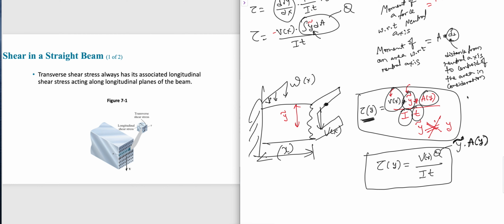This is y. So the area above y times the centroid to the neutral axis, that is y tilde, times V over the moment of inertia of the cross section times the thickness of that cross section. Hope you understood this concept. Watch the next video for application of this concept to some problems. Okay.